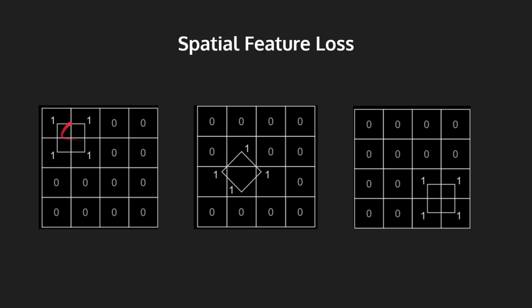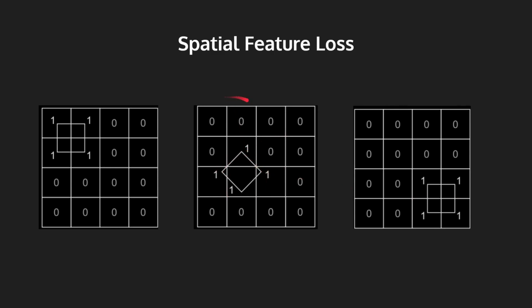Then if our MLP is trying to classify a square, it's going to be pretty hard, right? So this might be easy, but if we have this, then our model is going to be pretty confused. These are pretty random, so our model is going to be really confused.